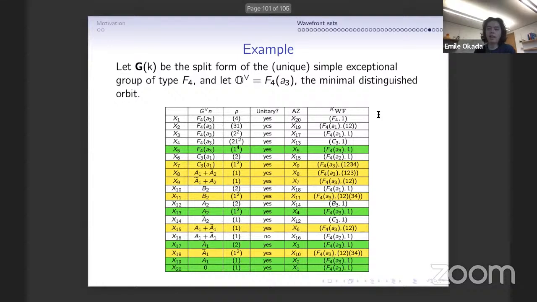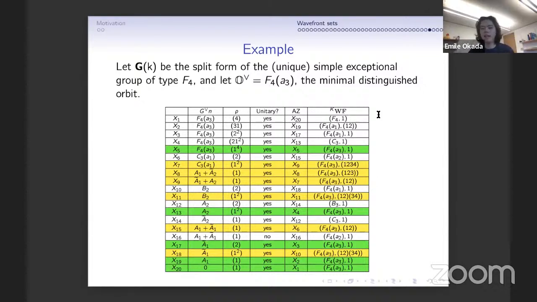If we highlight all the representations with minimal geometric wavefront set, we get a lot more representations. They're all still unitary, but they're no longer the AZ duals of tempered representations, and there's no obvious parameterizing set for this. It's not obvious indeed that it should consist of a single Arthur packet, which is why canonical unramified wavefront set seemed the more natural choice.